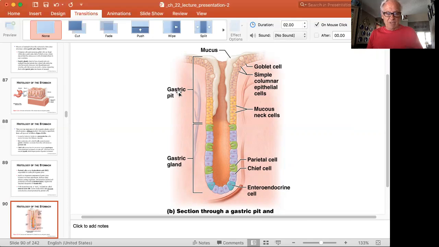So the gastric gland has the enteroendocrine cells, the parietal cells, and the chief cells. The gastric pit contains the mucous neck cells and the goblet cells, and they're basically simple columnar epithelium. This right here is your simple columnar epithelium. They're secretory in function.